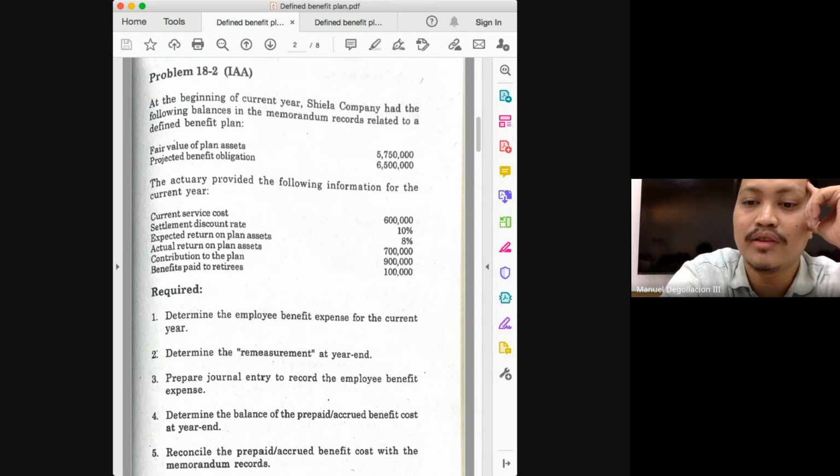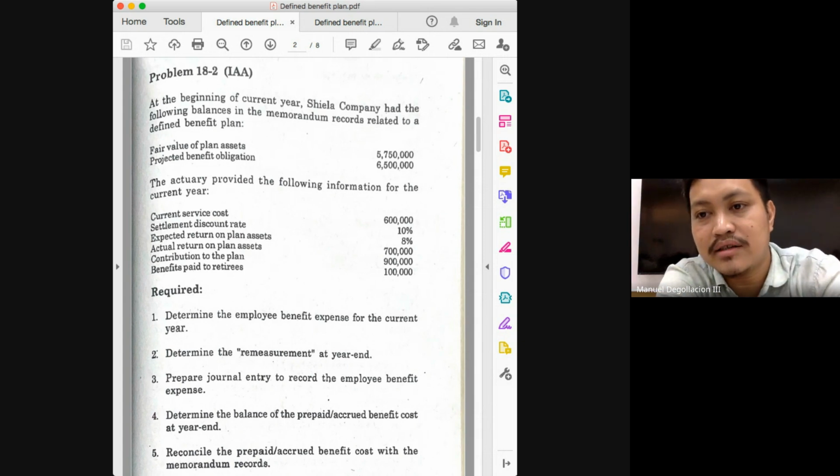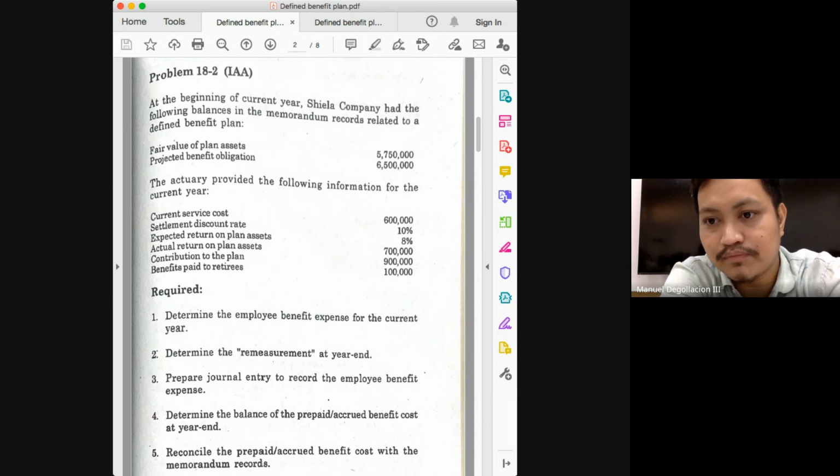So this is an application of your offsetting. Basically, your net interest would be 650 minus 575. And how much would be the difference? 75. So your net interest is 75.